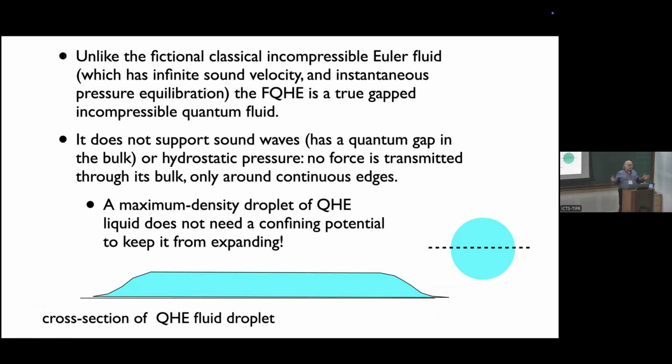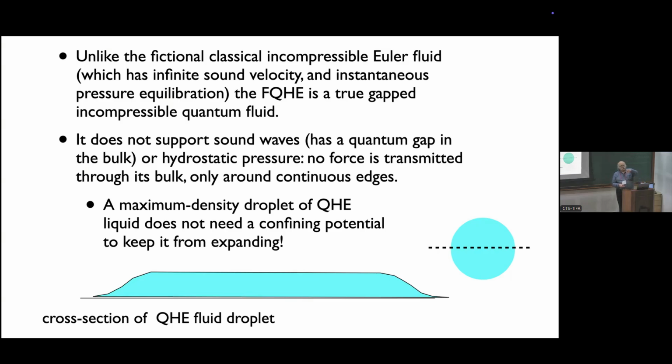Pressure basically equilibrates instantaneously in the Euler fluid, which is kind of like Newtonian gravity. If some heavy object suddenly gave an impulse to the sun and it was gone, we would know immediately in Newtonian gravity. It takes 8 minutes for us to know about this devastating problem in Einstein gravity. So Euler fluid has an infinite sound wave, and it supports pressure.